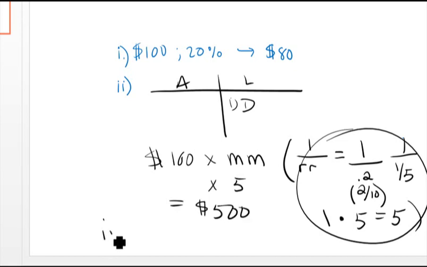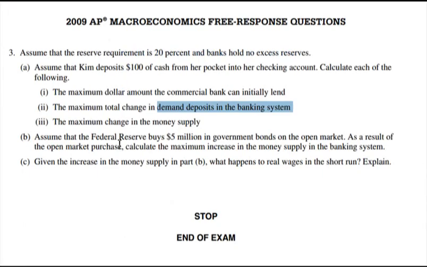The next part of the question is one of those parts where I feel like the College Board is trying to determine: do you know what is part of the money supply, and does a deposit affect the money supply? They want to know that you know that $100 from cash is the same as it being in her checking account.